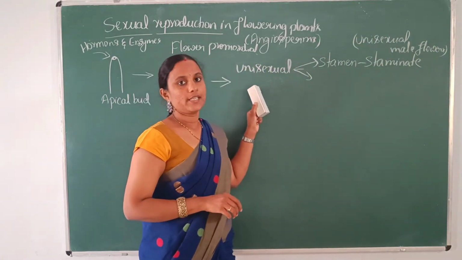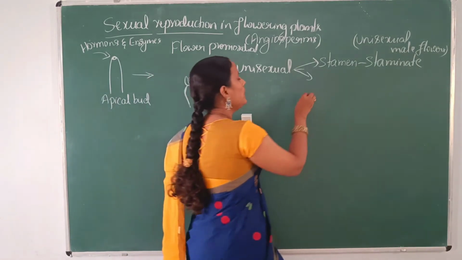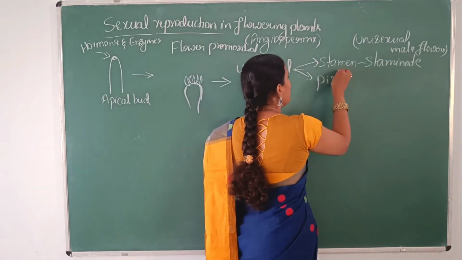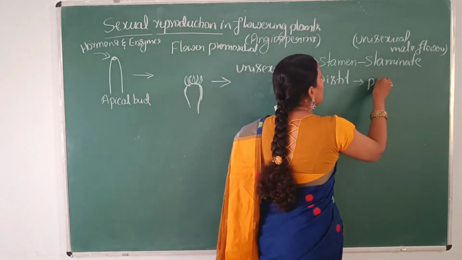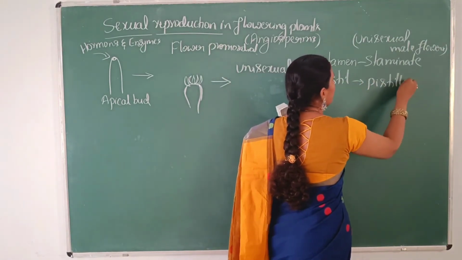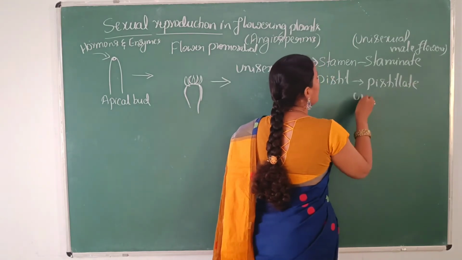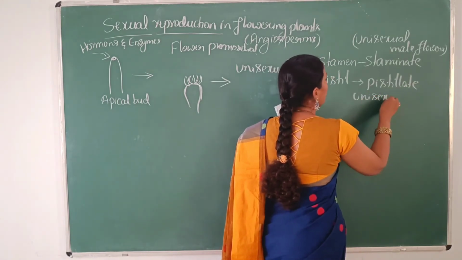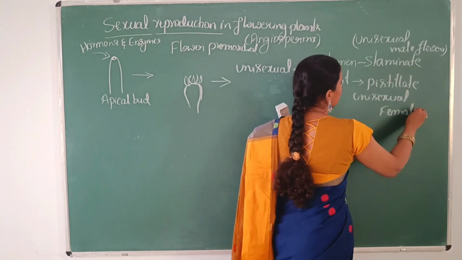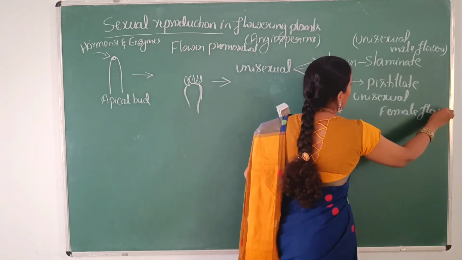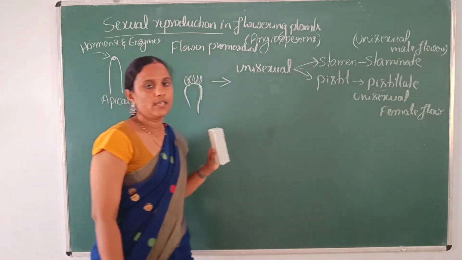Likewise, in a unisexual flower, if there is only presence of pistil, the female reproductive structure, then it is called pistillate. That is, unisexual female flowers are called pistillate flowers.